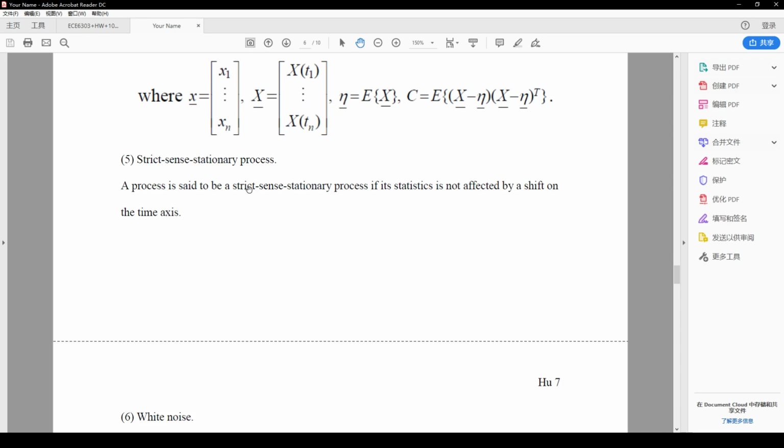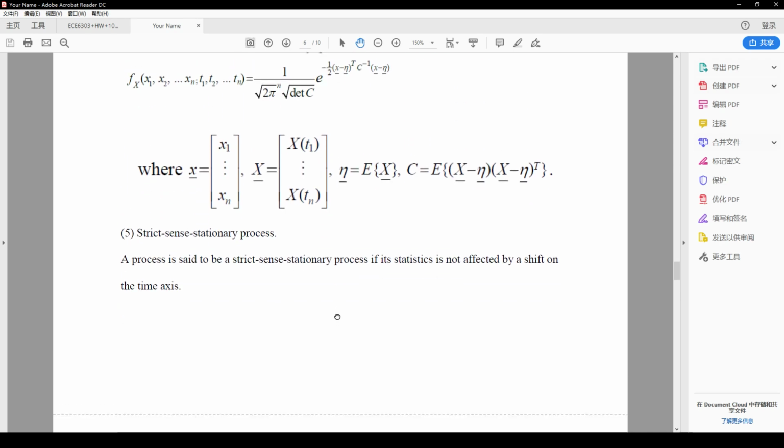And this is the fifth, the strict sense stationary process. It means the statistics are not affected by a shift on the time axis. What does that mean? It means that the f(x,t) is not related to the time. Actually this is very rare to see; it's not very common like the normal process.